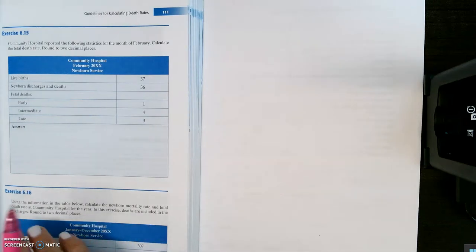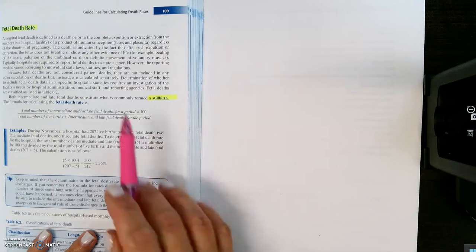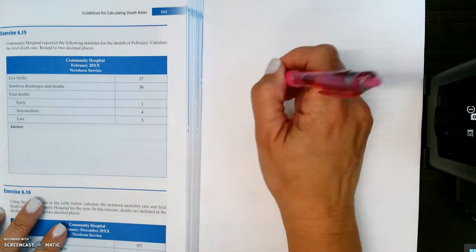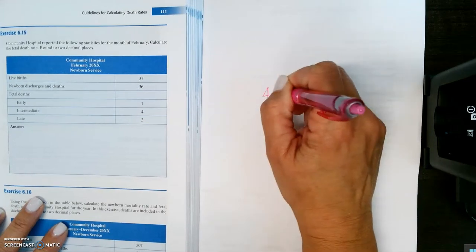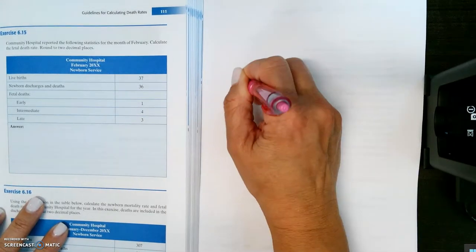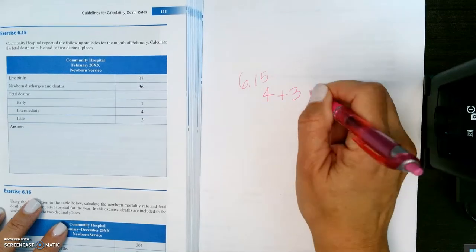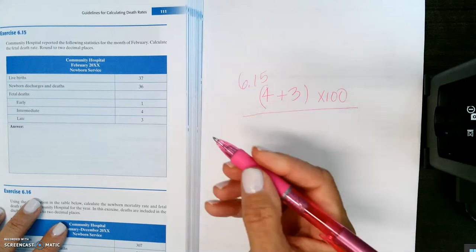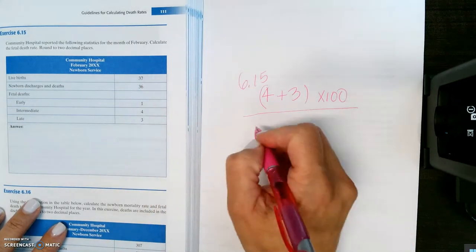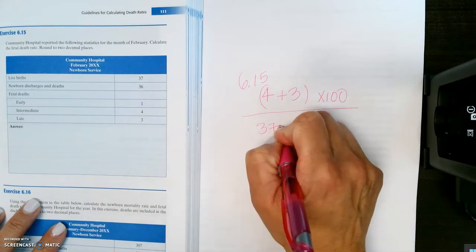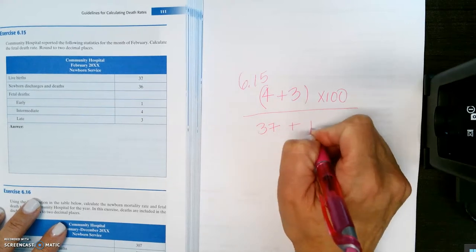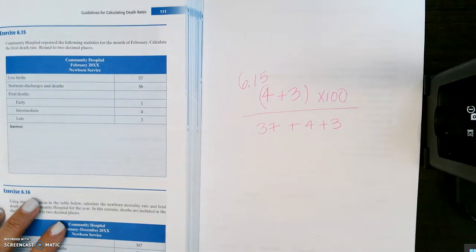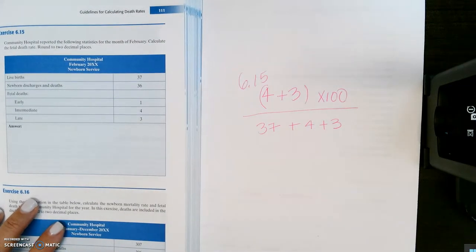So if they want us to calculate the fetal death rate, we're going for the total number of intermediate and late fetal deaths. So that's going to be 4 plus 3, multiplied by 100, over, remember our formula says live births, 37, plus intermediate and late fetal deaths. So hopefully that's how you set the problem up.